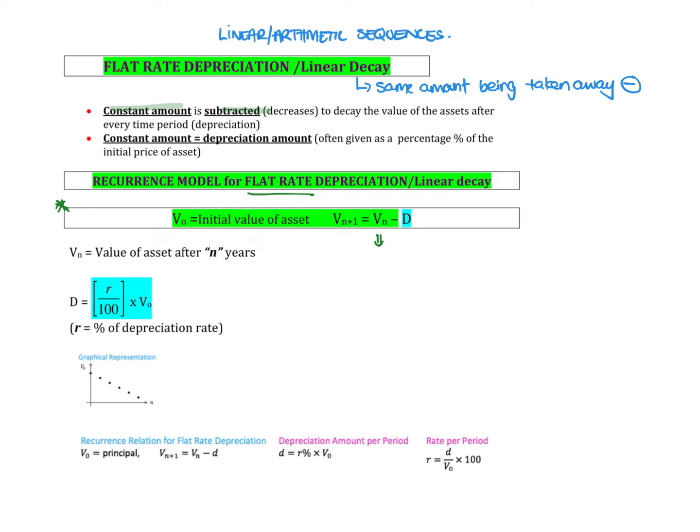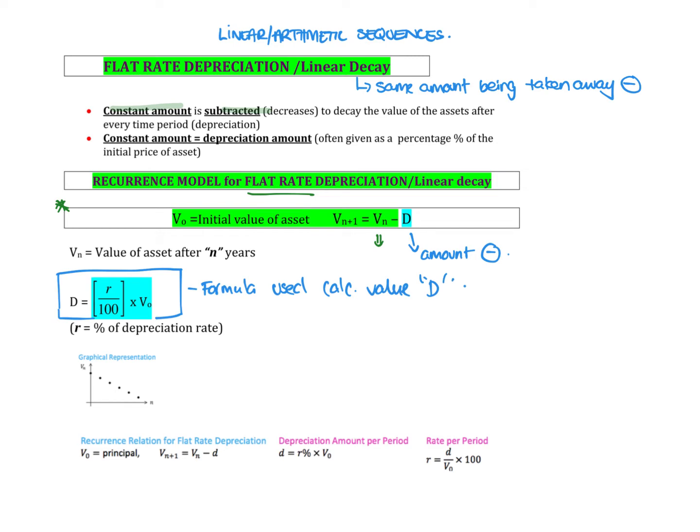So we might say after so many years. And here is that D value again, and the D value is the amount being taken away. And this is the formula that we can use to calculate the value of D. It's very similar to simple interest, this part, because if you look, you still have that rate.